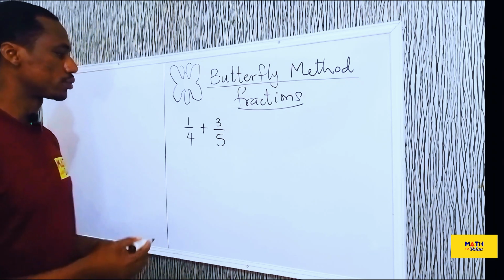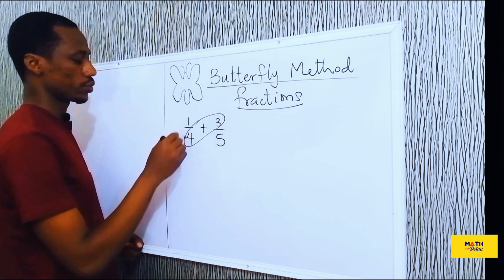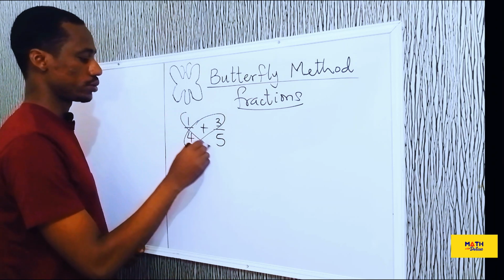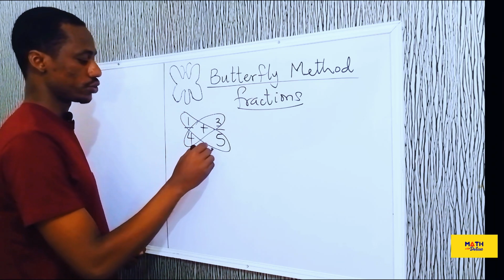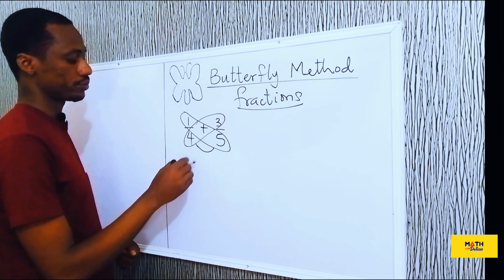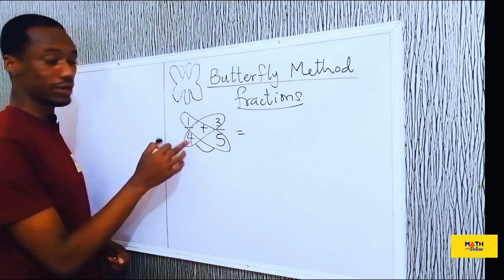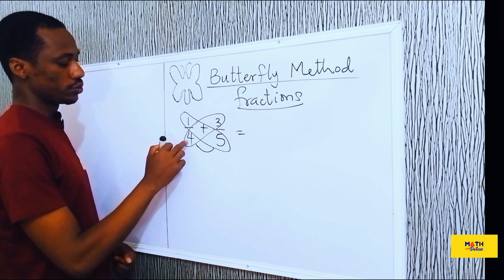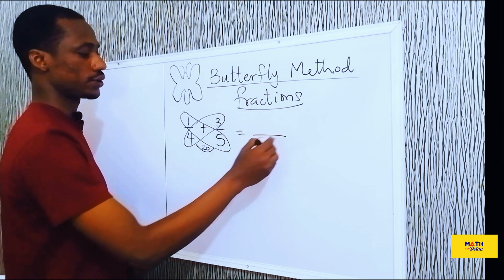How does this work? We're going to do a cross multiplication. Can you see I'm drawing my butterfly already? Then we'll do a straight multiplication here. So this is how it goes. Once you have this, you do 4 times 5. 4 times 5 is 20, right?